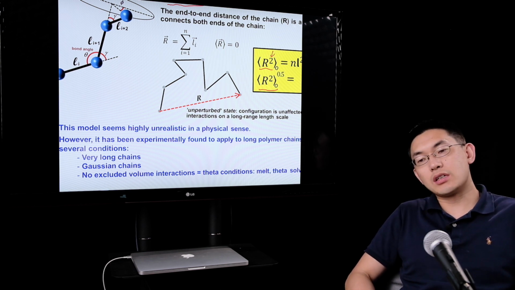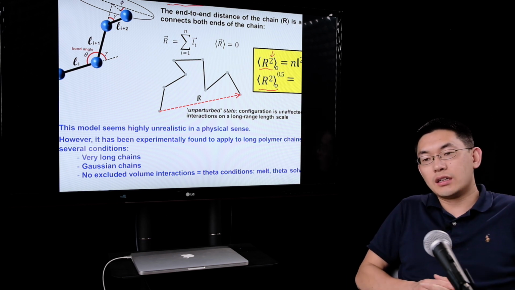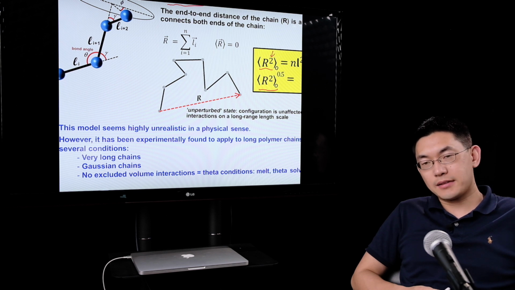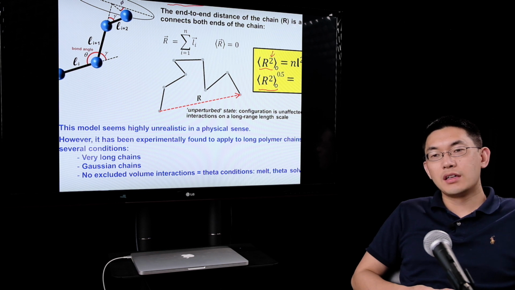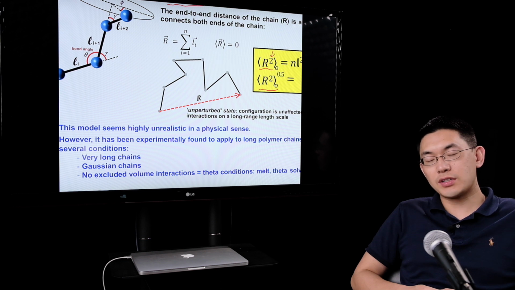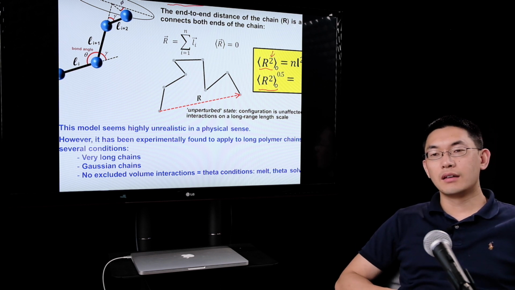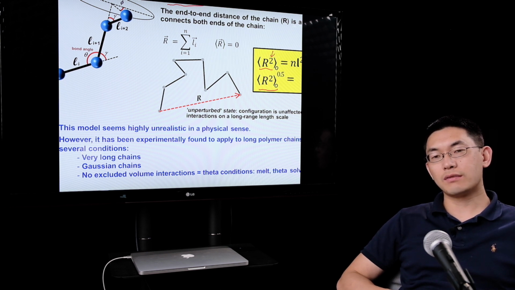Additionally, there are two conditions that actually satisfy this free joint chain. We're not going to talk in a lot of detail, but please keep in mind that there are two conditions. One is something called the melt state. So in a polymer that is being surrounded by itself, the repulsion from itself versus the repulsion from other chains, its neighbor chains, will cancel out each other. So effectively, you would end up with a free joint chain. Okay? And additionally, there is another condition called the theta solvent condition.